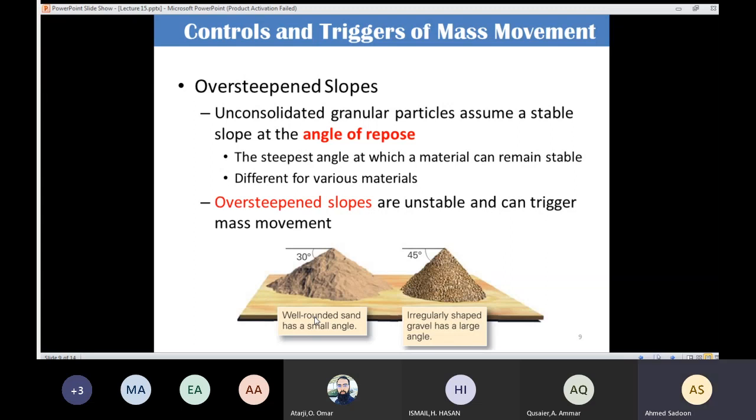But here, any material has the ability to be stable at a certain angle. If you increase that angle, this stability is going to be lost. The slump test depends on the water content, but here it depends on the nature of the material itself. Any material could be stable up to a certain slope, and that angle is different from one material to another.